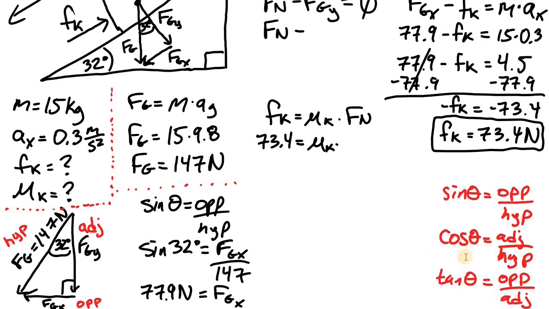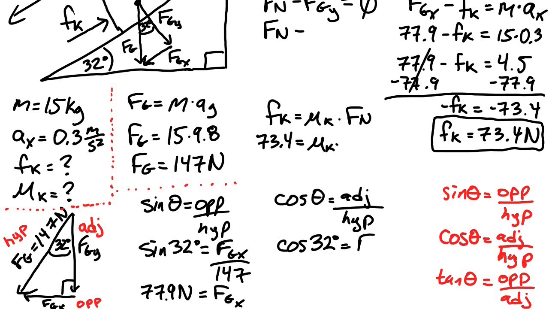Hopefully you're saying to yourself, the cosine. Multiply 147 on both sides of the equation, and you'll get your answer for FGY.